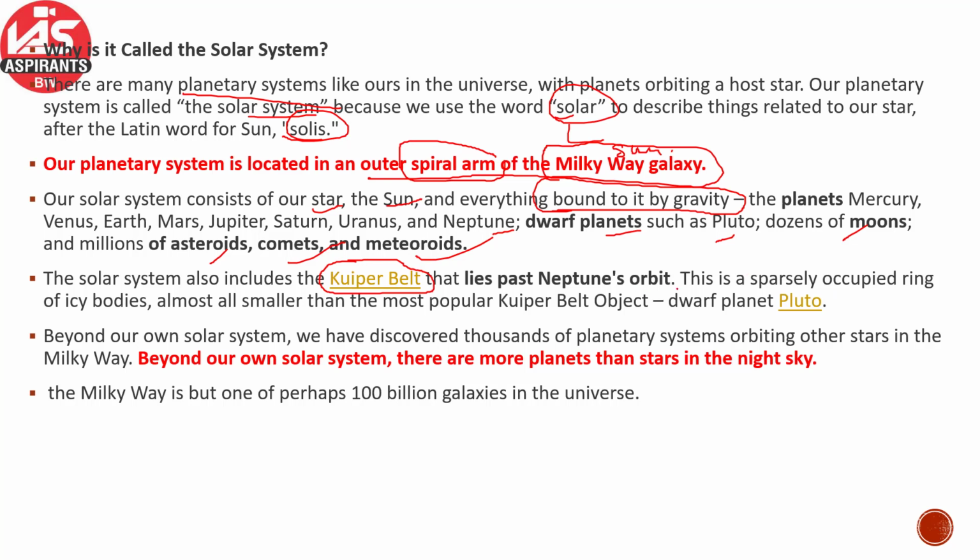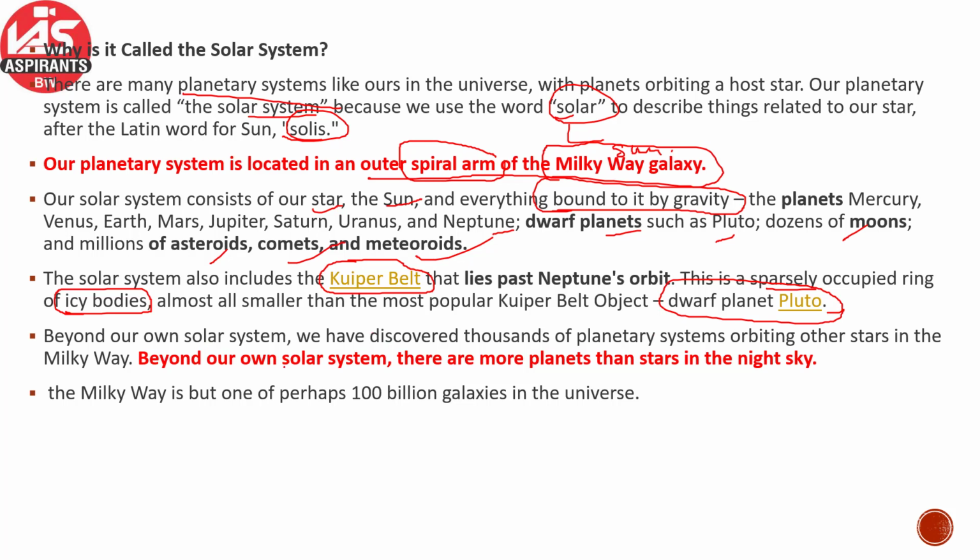Now this Kuiper Belt is a sparsely occupied ring of icy bodies because it's very far away from the Sun, right? So it will mostly consist of bodies which are made up of ice. And the most popular Kuiper Belt object is of course our dwarf planet Pluto. We will learn what the criteria is for considering a planet as a dwarf planet.